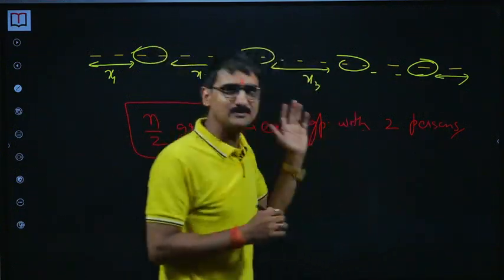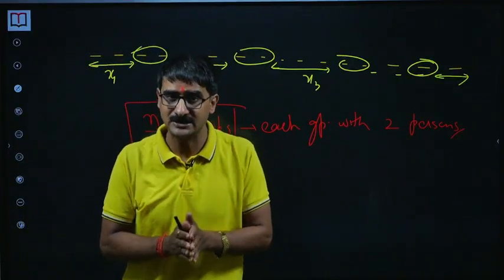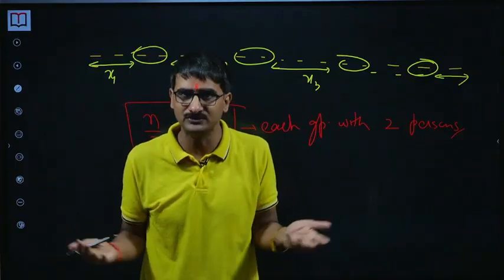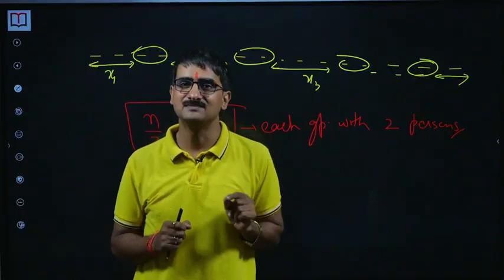So how many variables do we need? Again, as an example, if we have 12 persons and we divide them into 6 groups, 2 each, then you have 7 variables. Why?